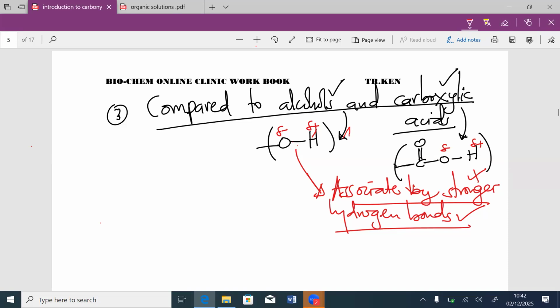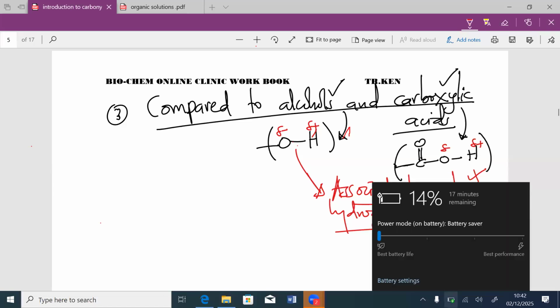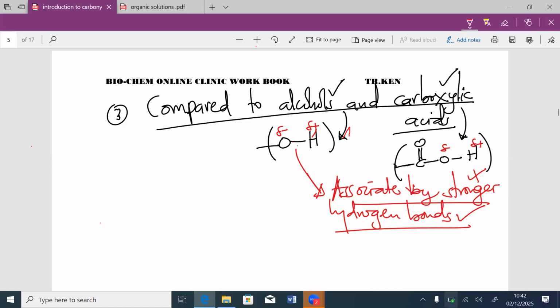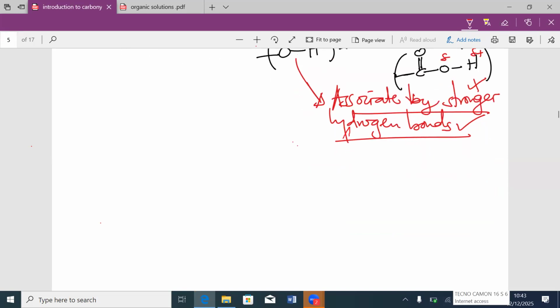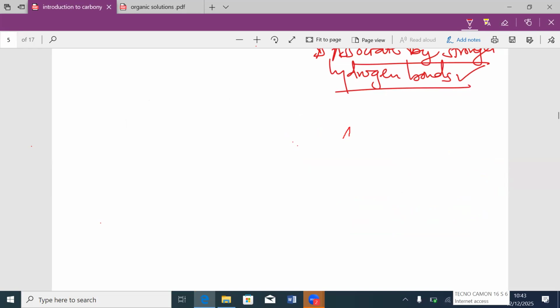Then the final aspect we are going to look at tonight is now going to be the laboratory preparation of the carbonyl compounds. I think I've reached the target for today.